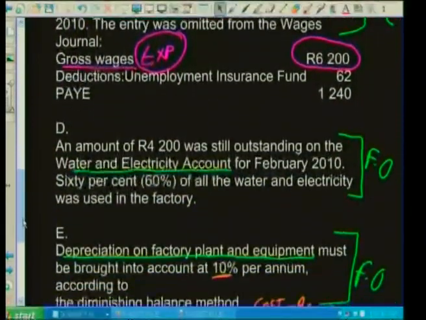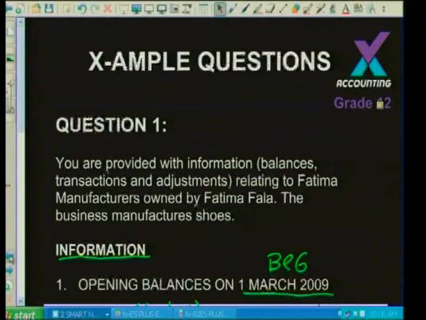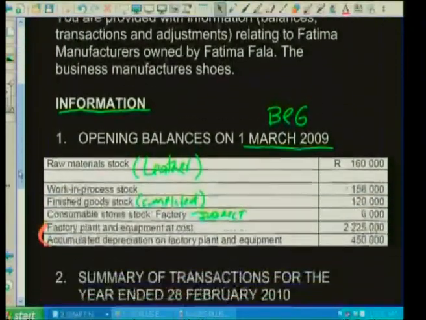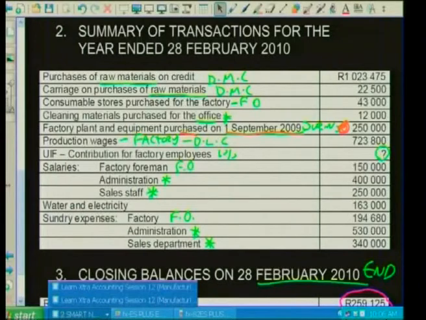There we go, additional information. It was purchased on, no guys, not additional info, summary of transactions was what I should go to. Okay, so factory plant and equipment purchased on the 1st of September 2009 for 250,000.